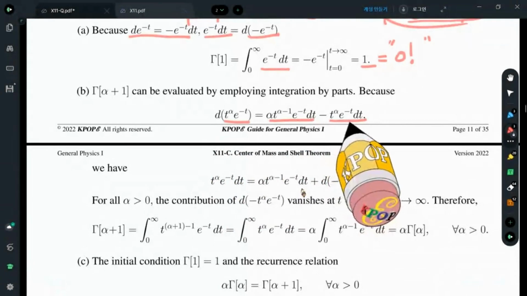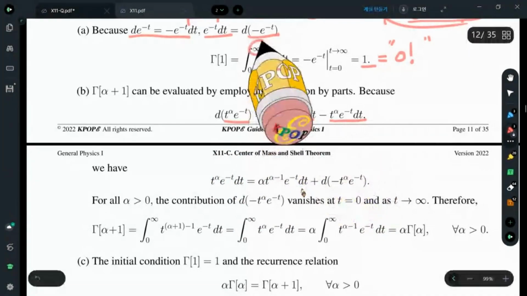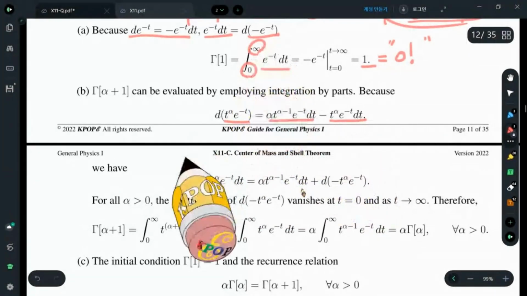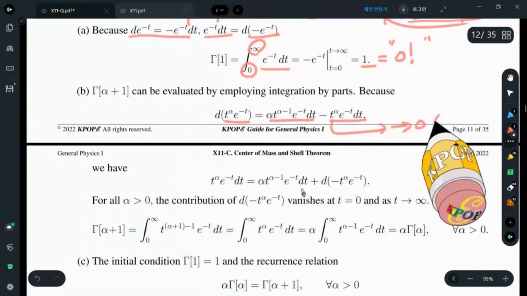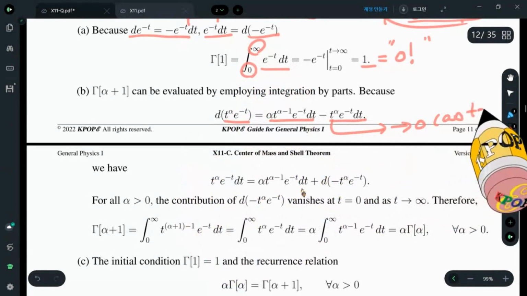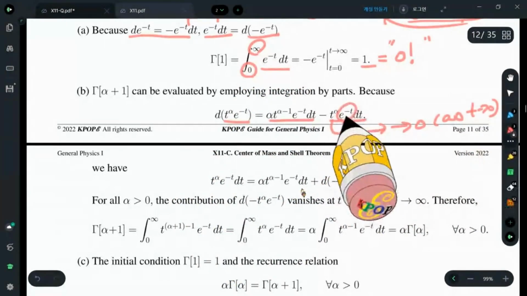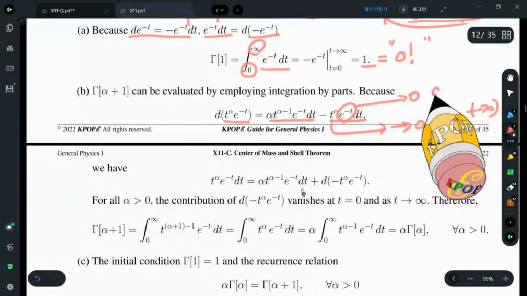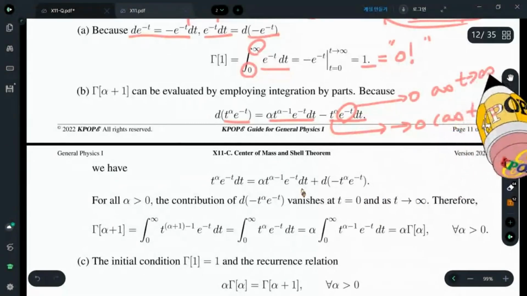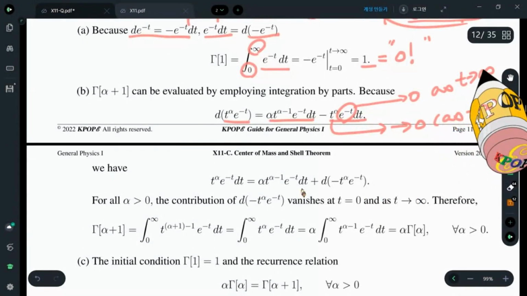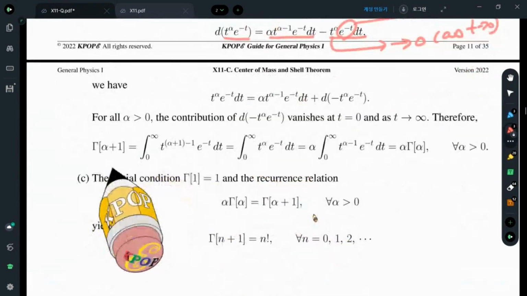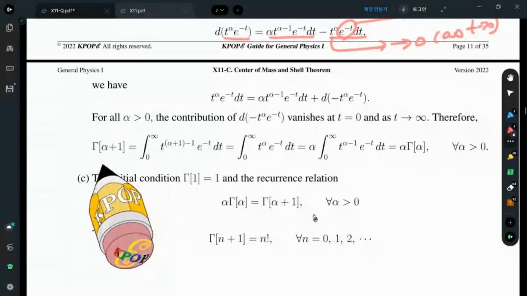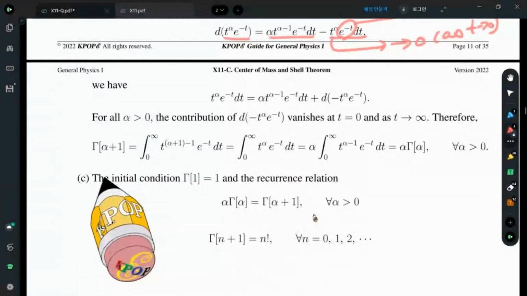However, in this case, this integral is from 0 to infinity. You will find that this one vanishes, goes to 0 as t goes to 0. And this factor goes to 0 as t goes to infinity. Okay? So you will find that this is a mathematical induction.